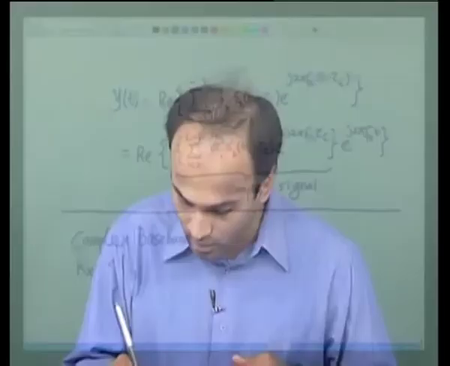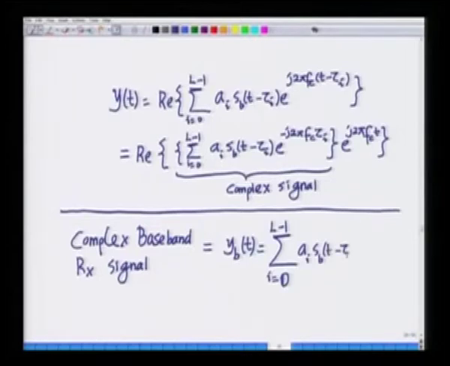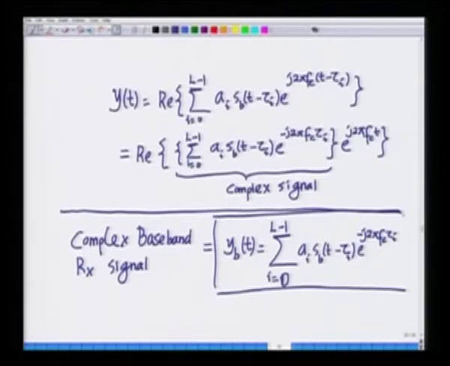So, the complex baseband received signal is simply y_b(t) equals the sum over i equals 0 to L minus 1 of A_i s_b(t minus tau_i) e^(minus j 2 pi f_c tau_i). All right. Let me box this because this is an important result which we are going to use.